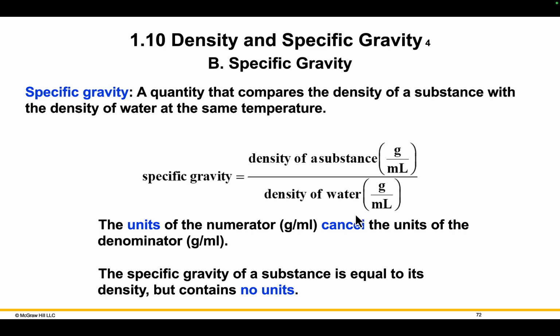Specific gravity is just a measure of the ratio between the density of a substance and the density of water at that same temperature. Because the units, grams per milliliter, are the same in the numerator and denominator, those cancel out, and specific gravity is equal to the density but is unitless.